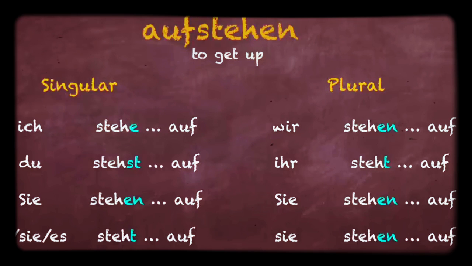Ich stehe auf, du stehst auf, sie, es steht auf, wir stehen auf, ihr steht auf, sie stehen auf, Sie stehen auf. If you want to revise verb conjugation, you can go through our lesson 14 and 15.